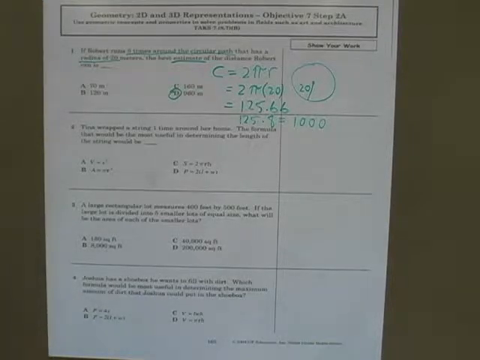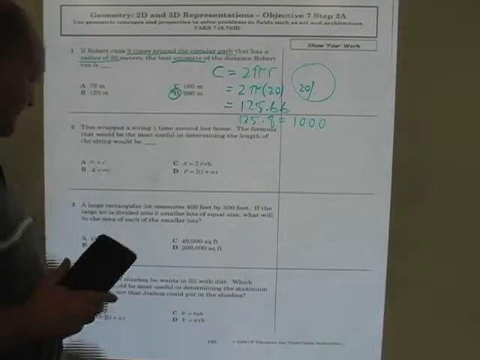The reason is sometimes we're told that pi, an estimate for pi, is 3. Usually they're going to say use 3.14 for pi, but sometimes they'll say 3.